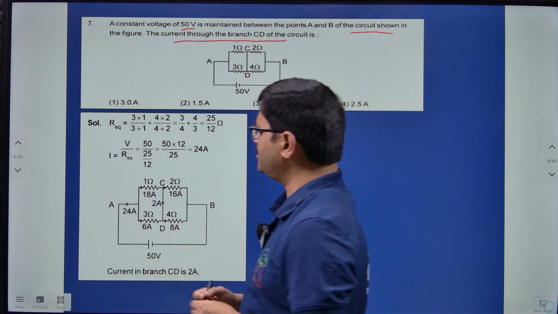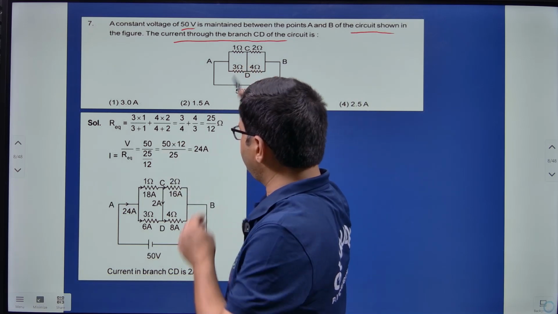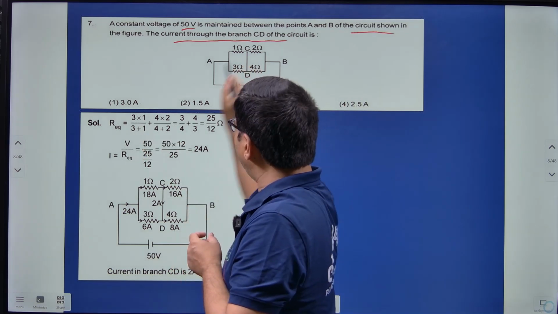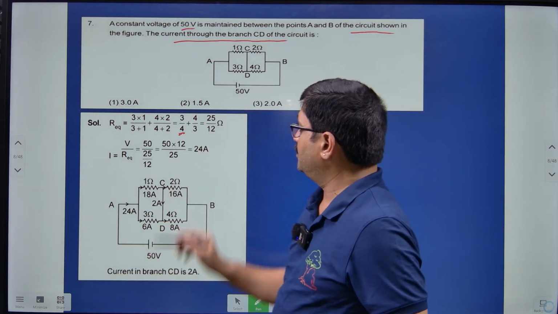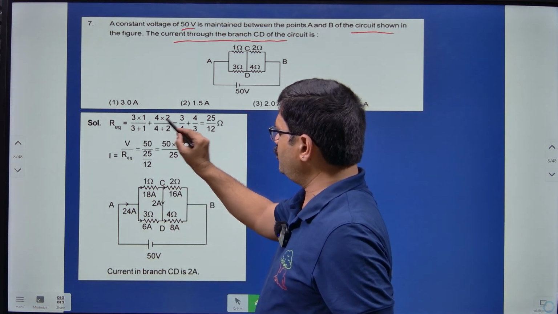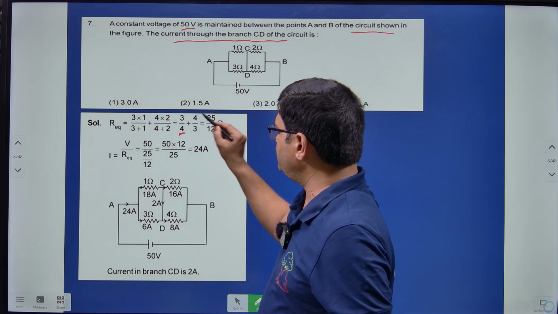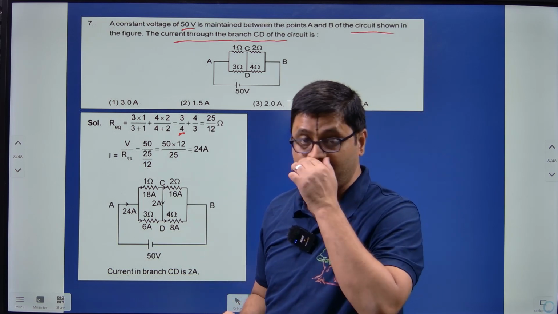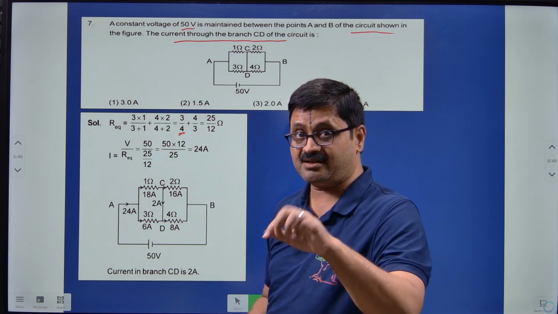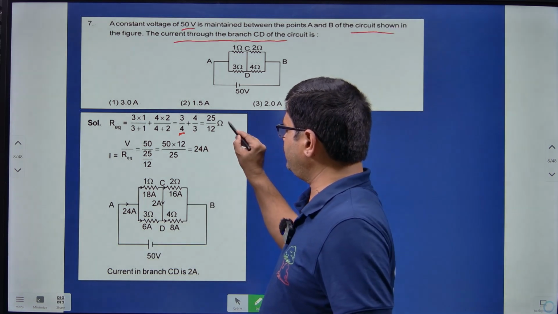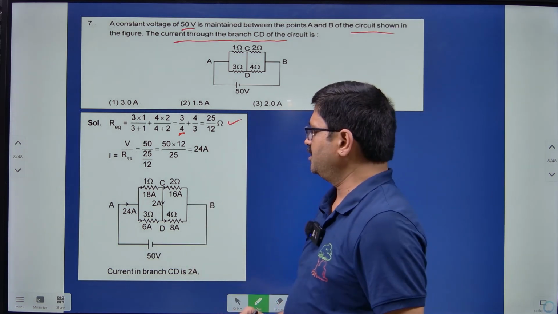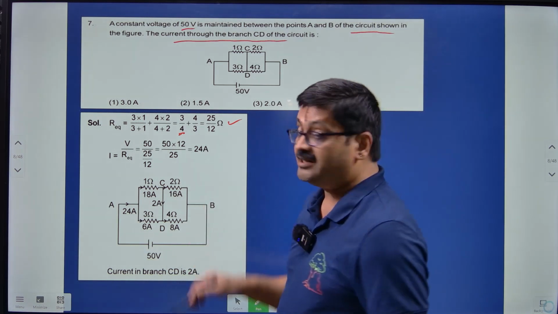So hence I am just considering their parallel combination. Then 1 and 3 parallel is what? 3 by 4, correct? Then 4 and 2 parallel, 4 into 2 by 4 plus 2, it should be 4 by 3, right? We'll get 8 by 6. 8 by 6 is 4 by 3 here, which works out to be, if you just extract the LCM, we'll get 25 by 12 ohm. Then, what is the current that is given?